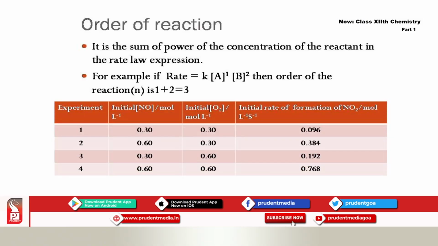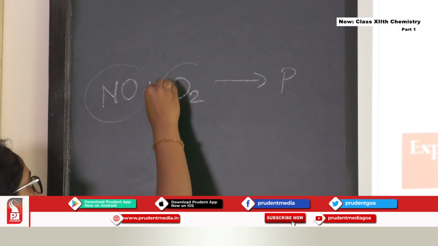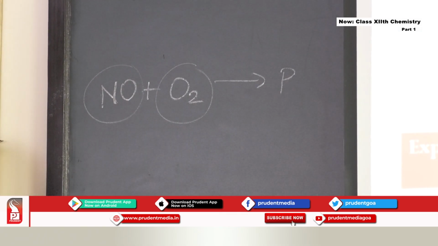Alright. Now, in order of the reaction, here there is a table which will help us to calculate order of reactions. So, there are 4 experiments that have been carried out and the concentrations of nitric oxide and oxygen have been mentioned. So, it is a reaction of nitric oxide and oxygen to give you the products. So, we are going to be interested in how the concentration of nitric oxide and oxygen changes with time.